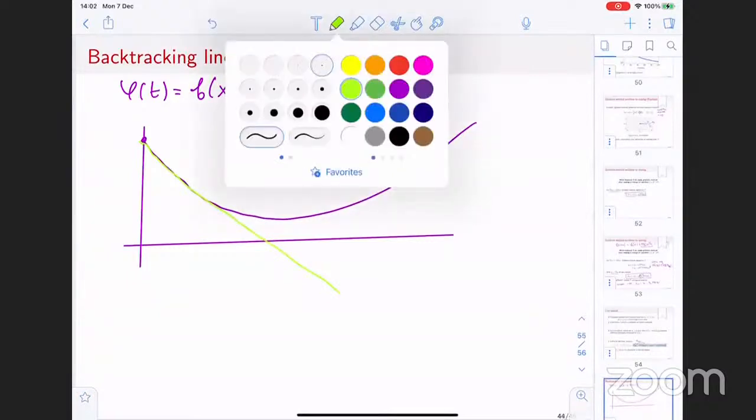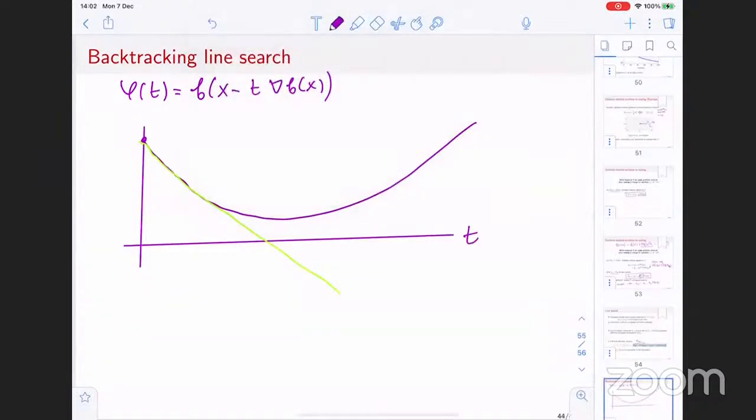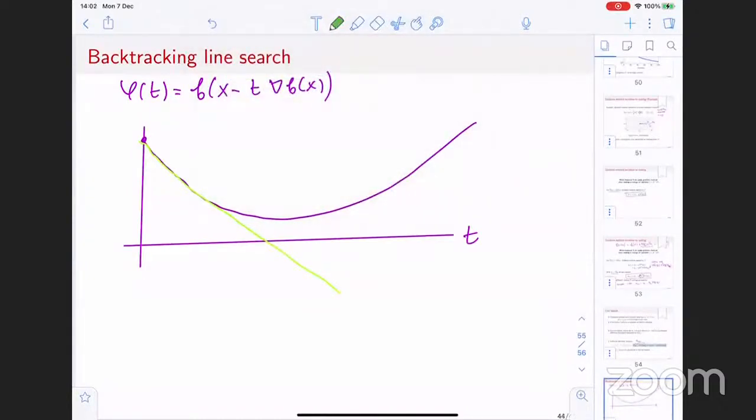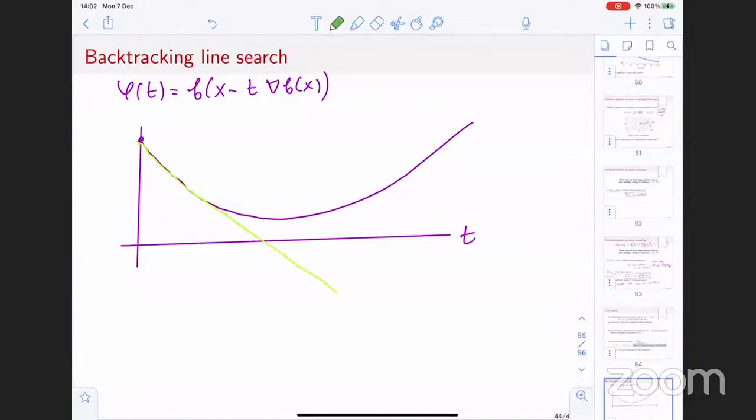This is my variable t. Now this function that you see in green is the first order Taylor approximation. In this case it's just phi of 0 plus t times phi prime of 0, which, if you use the chain rule, is exactly f of x minus t times the norm of the gradient of f at x squared.